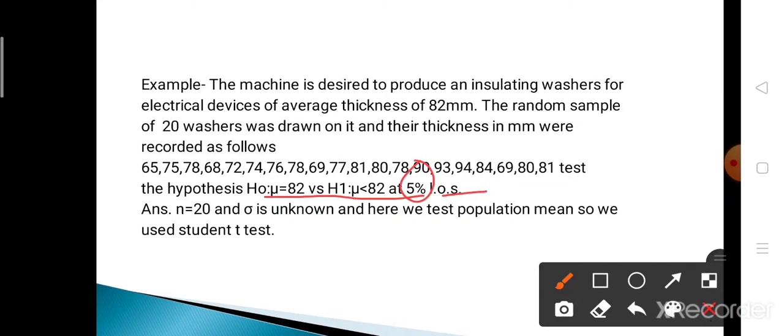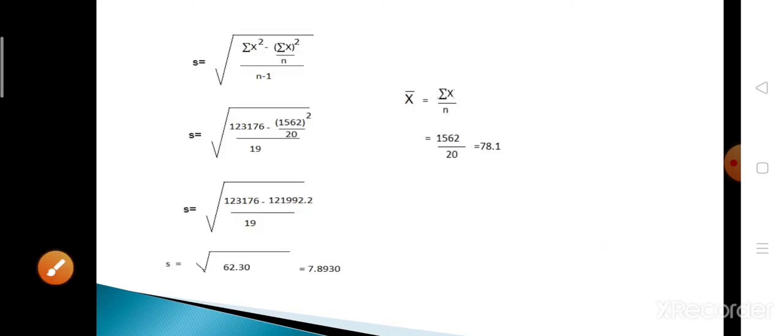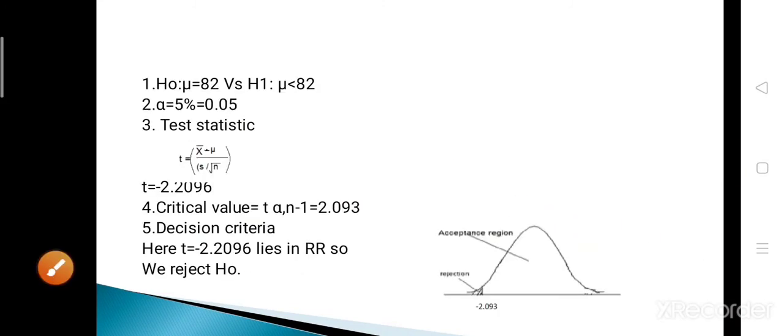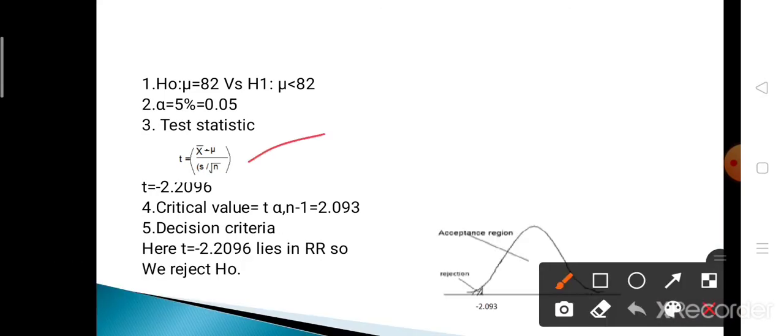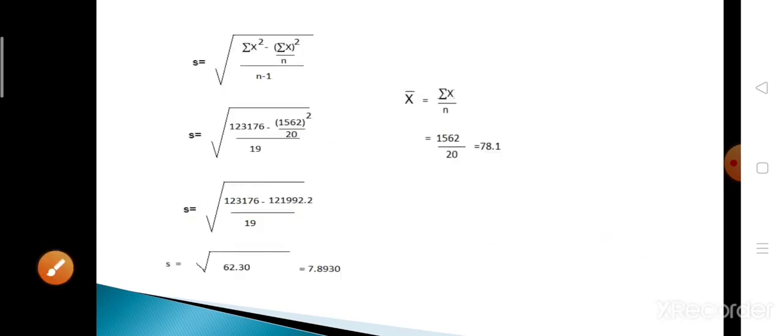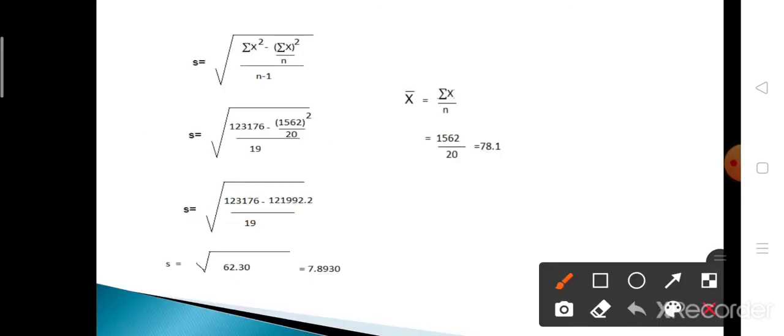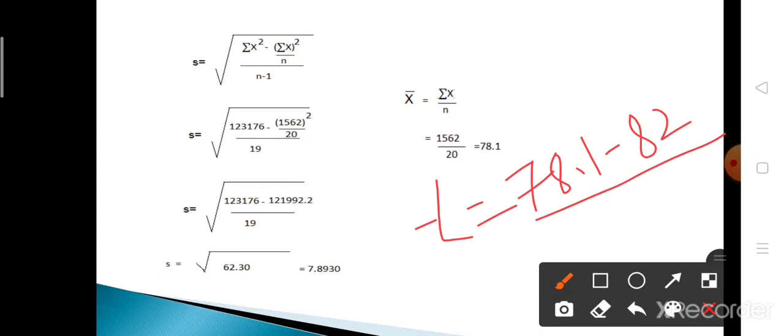Now the third step is the test statistic. So calculate the test statistic. The formula is t is equal to x bar minus mu divided by s upon root n. Just plug in the values of x bar, mu, s and root n, then we will get the value of t. X bar is 78.1 minus mu, 82, divided by s, 7.8930, divided by square root of n.